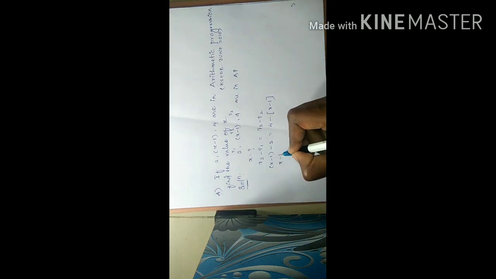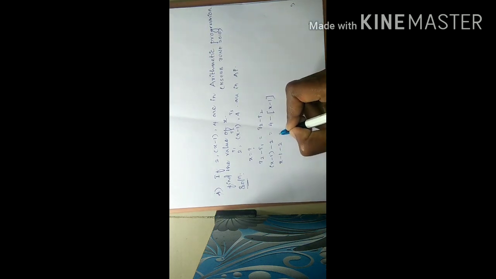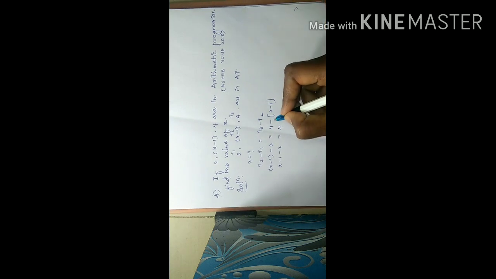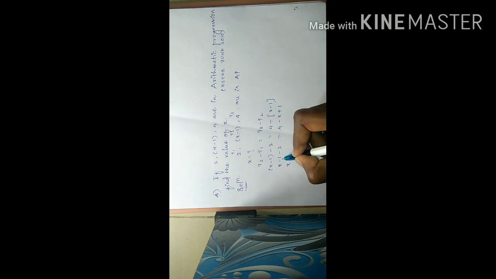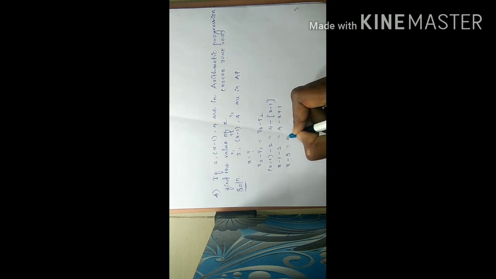So x minus 1 minus 2 is equal to 4 minus x, minus into minus plus 1. So now x minus 1 minus 2 is minus 3, that is equal to 4 plus 1, 4 plus 1 is 5 minus x.